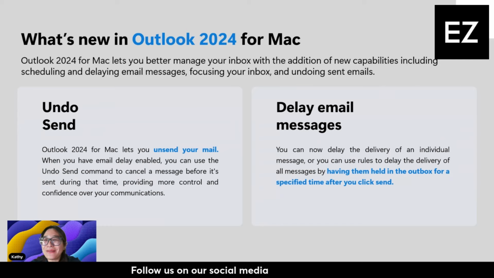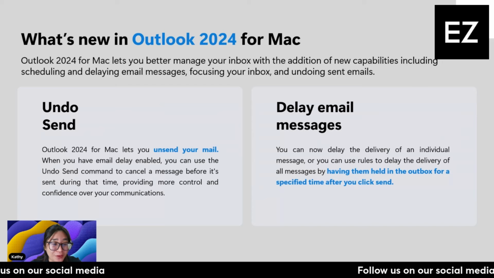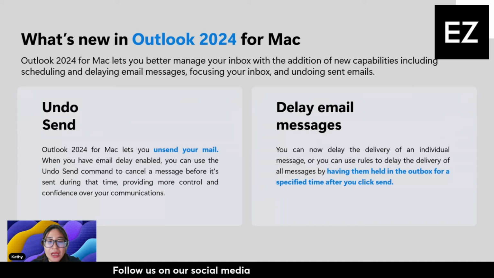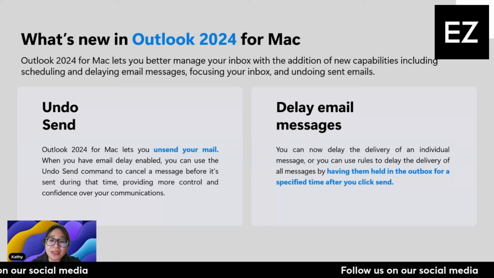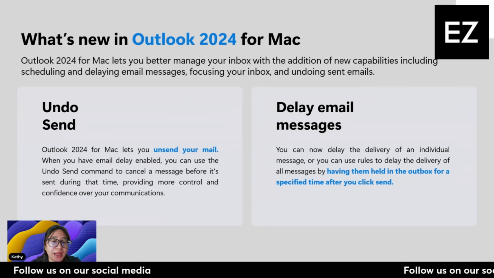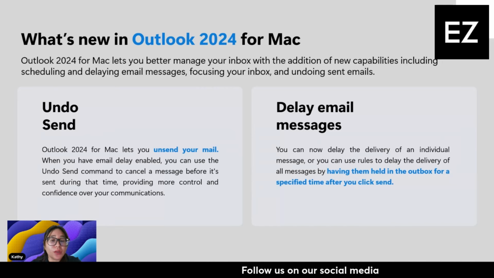Or, I forgot to write something else. I forgot to attach this. I attached the wrong file. Anything could happen. Human error. So, undo send. And then next is delaying your email messages. You can now delay the delivery of an individual message. Delaying would just be having them held in the outbox for a specific time after you click send.